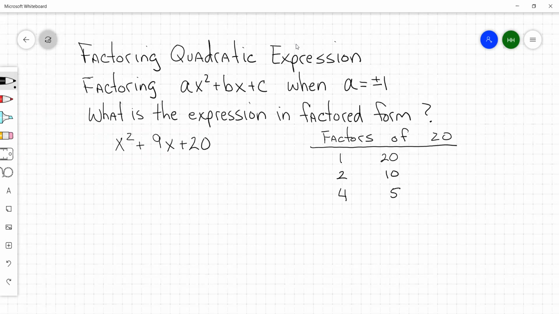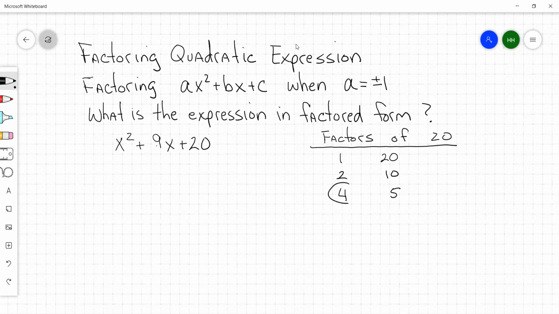Agreed? Now what you're looking for are 2 factors that you can combine together to get a positive 9. You need 2 factors that combine to 9 and multiply to 20. So since all of these multiply to 20, we only need a pair that combines to 9.